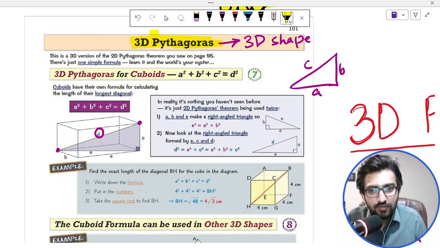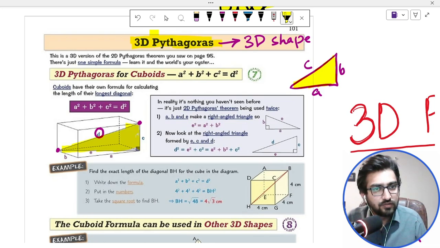In order to find D, if you see, this is a triangle in the middle of that three-dimensional shape. A triangle is, by the way, a two-dimensional shape.